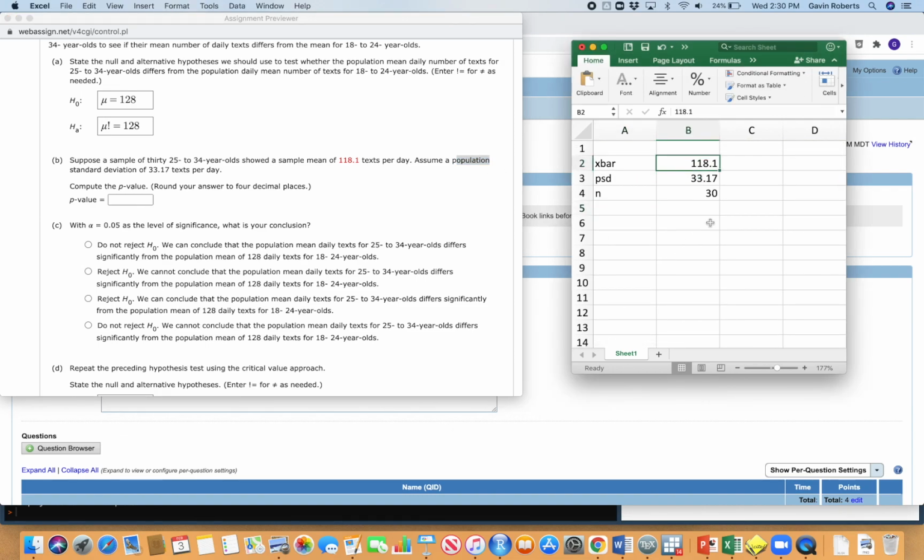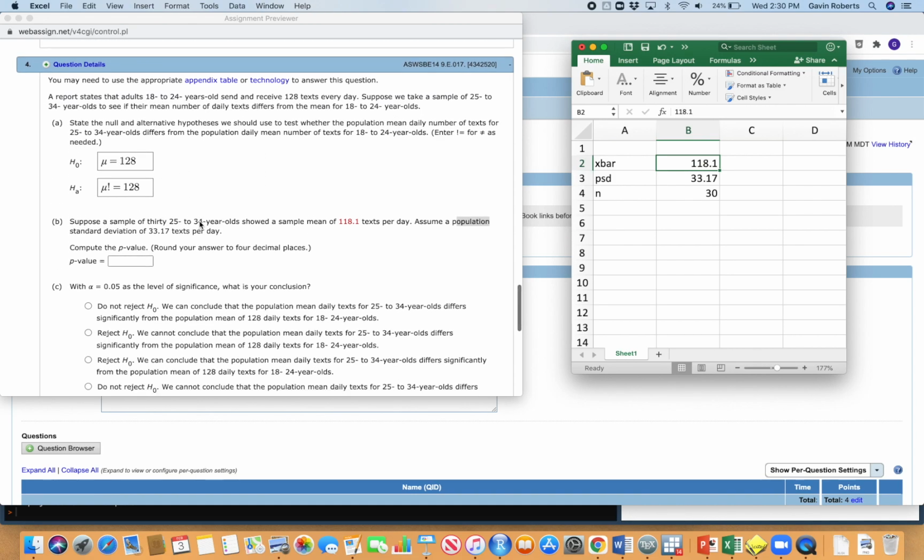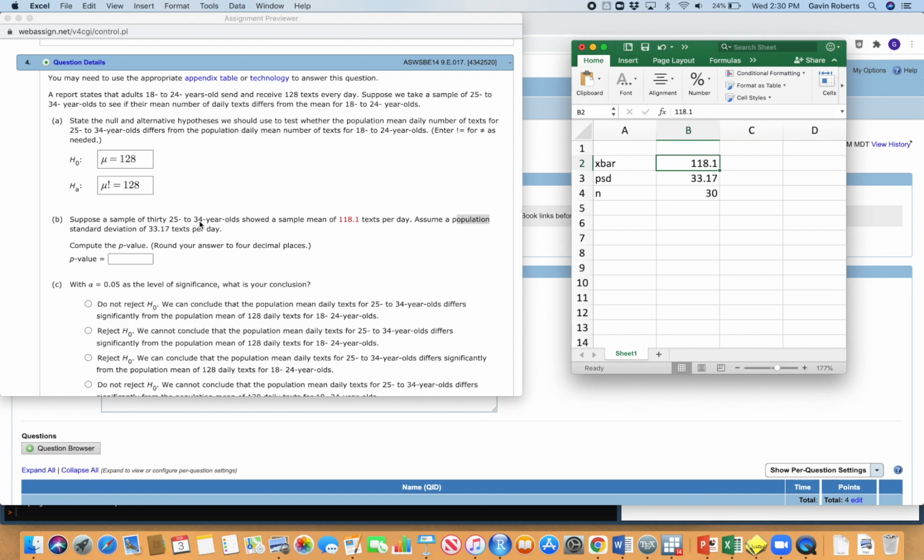So the question is, let's talk a little bit about statistics, you guys. The question is, why do I have to keep going if I've found that the average for 25 to 34-year-olds is 118.1? I know that the average for 18 to 24-year-olds is 128.